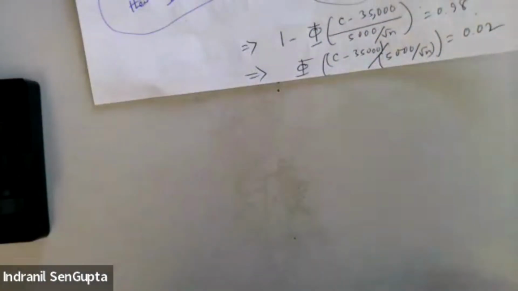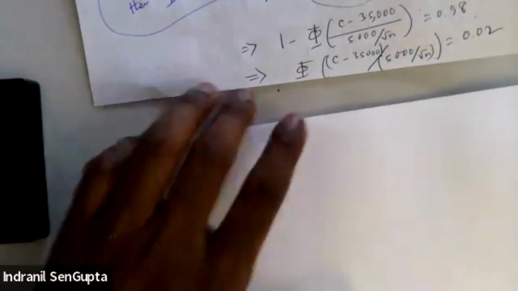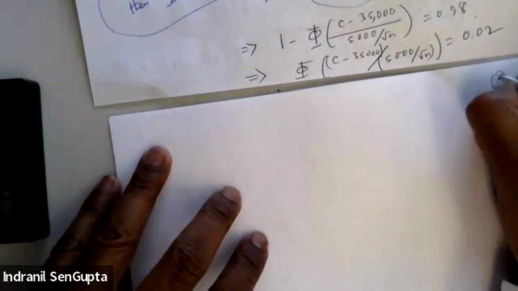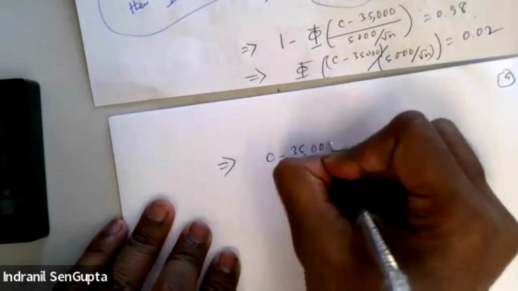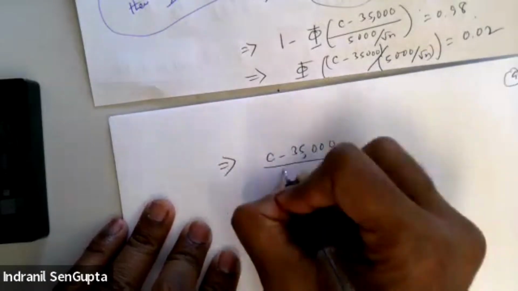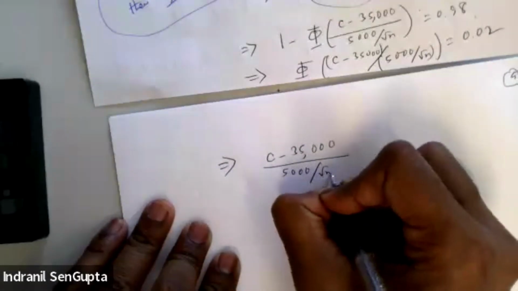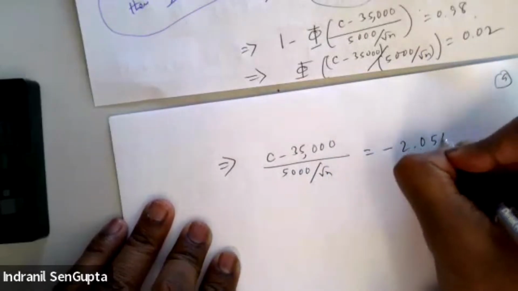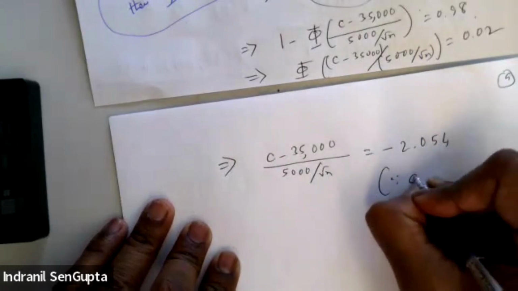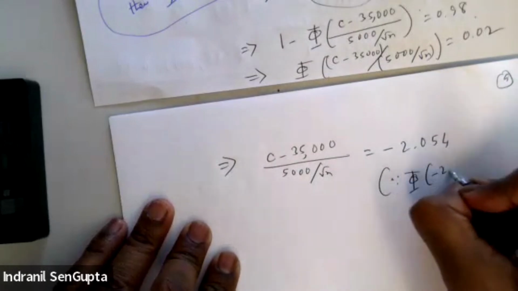Therefore, we find that (c minus 35,000) over (5,000 over square root of n) is equal to minus 2.054, because phi of minus 2.054 is 0.02, again found from the table.